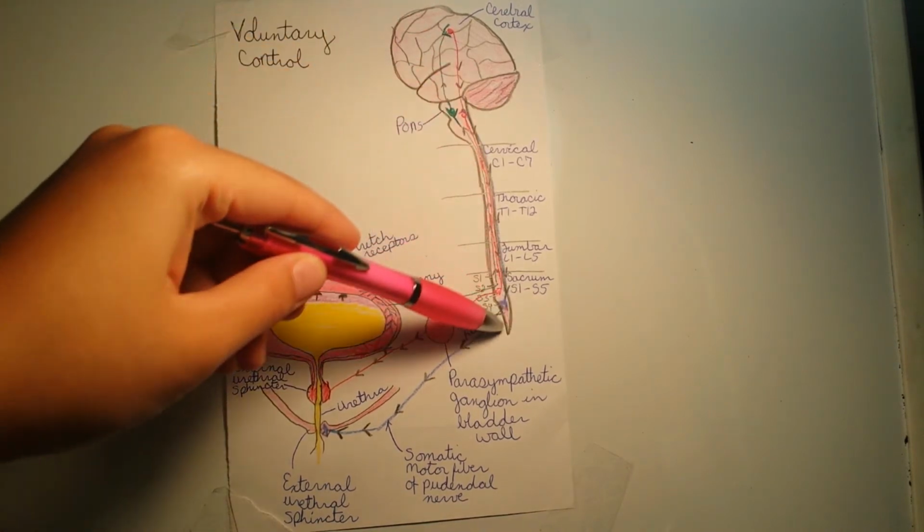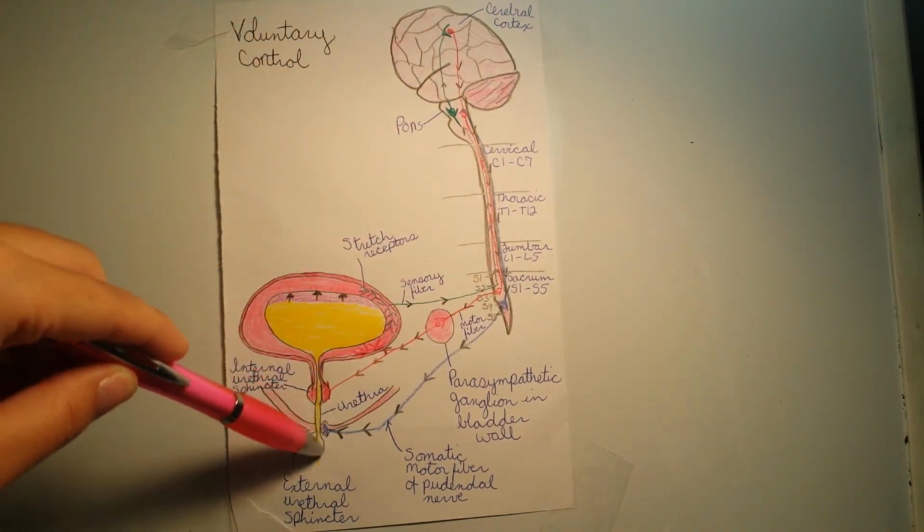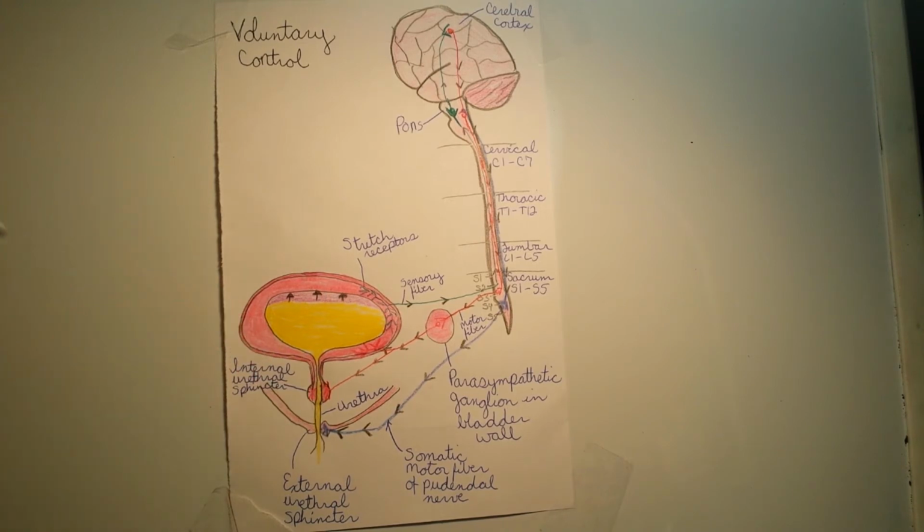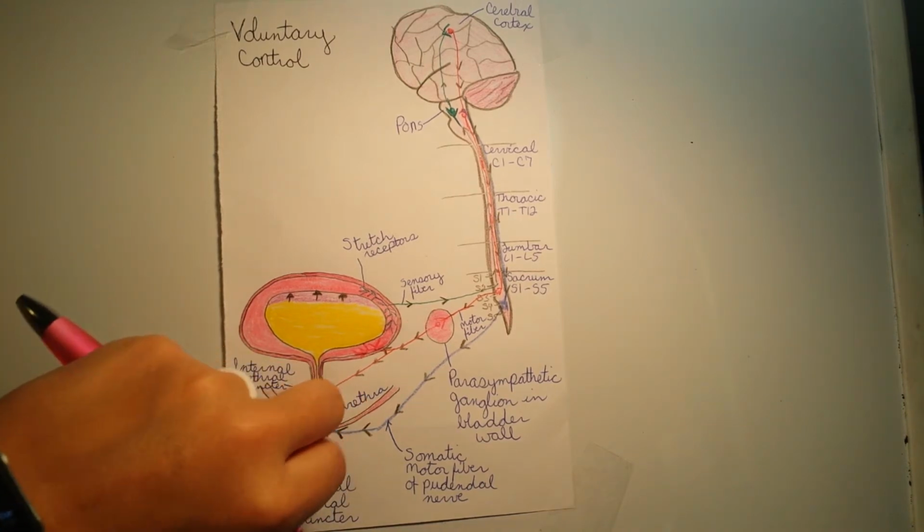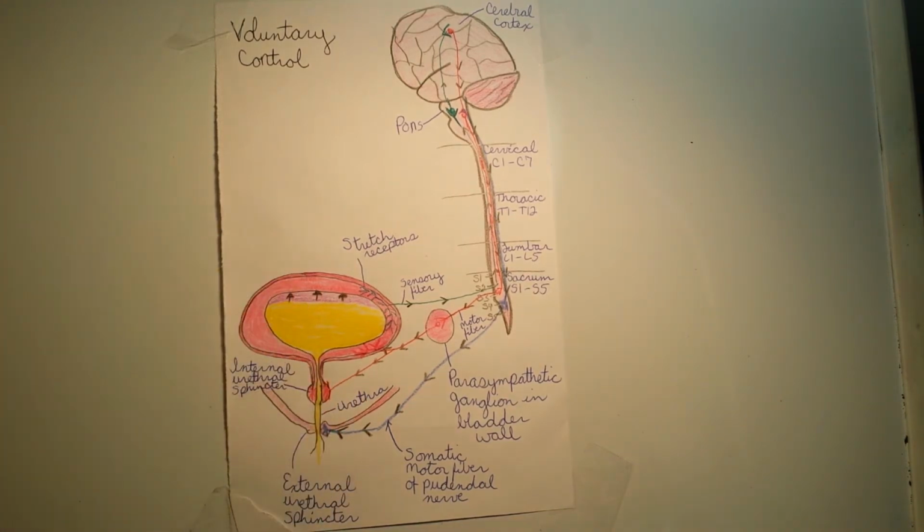So it'll come down here, and then the external urethral sphincter will contract, kind of close, and the urine will be retained in the bladder.